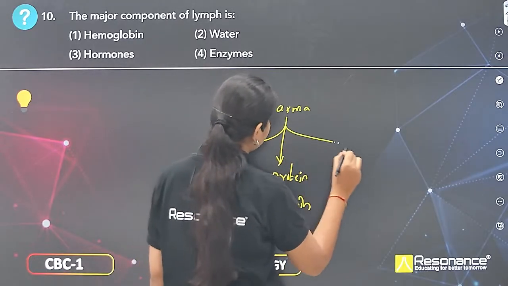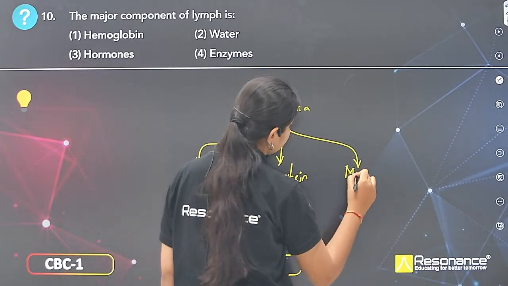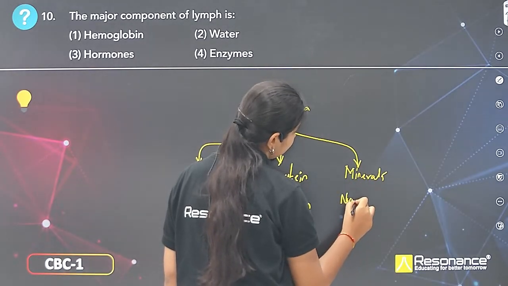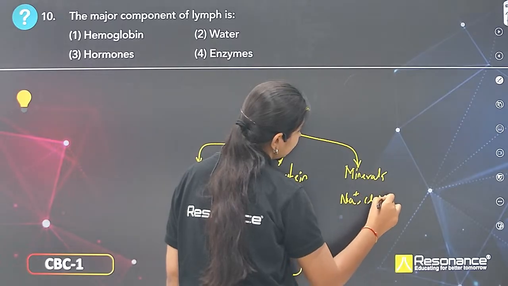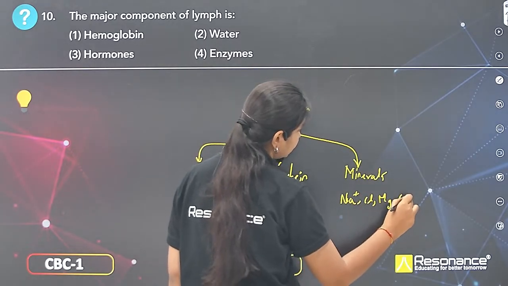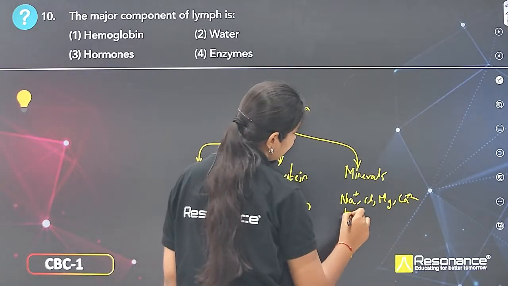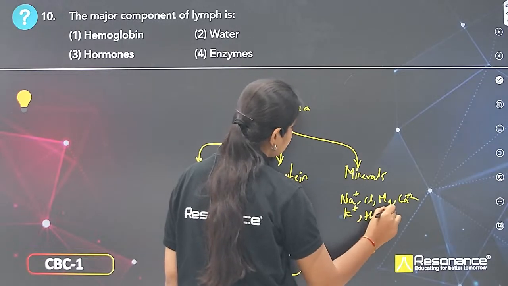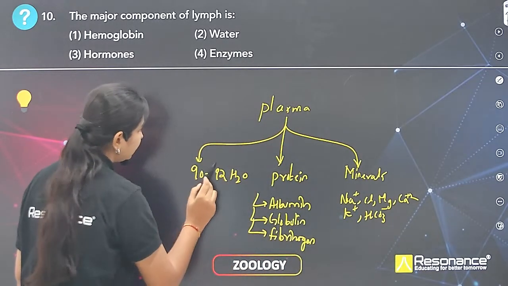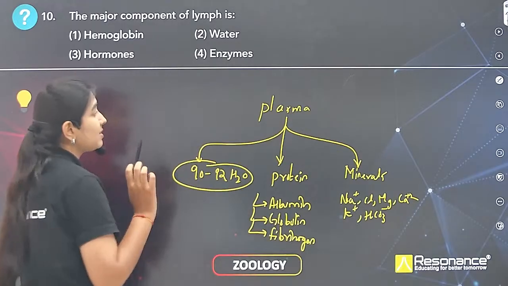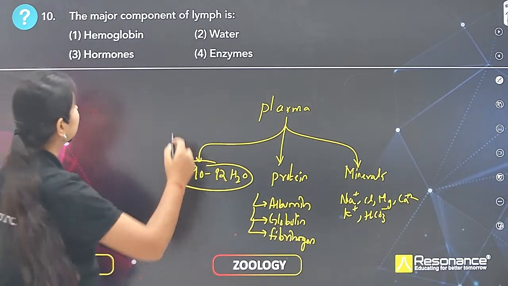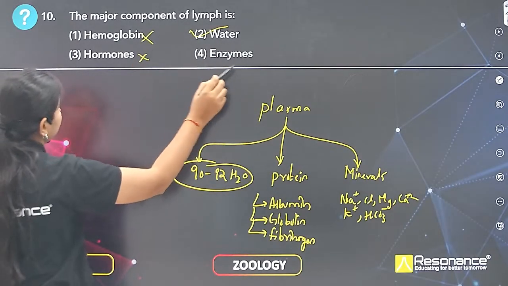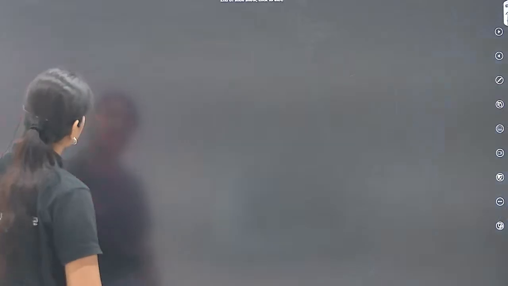And then we have the minerals: sodium, chlorine, magnesium, calcium, potassium. Next, you have bicarbonate. So here, the major part is your water. Similarly, what is present more here? The water. It is not the hemoglobin, not the hormones, and not the enzymes. Fine.